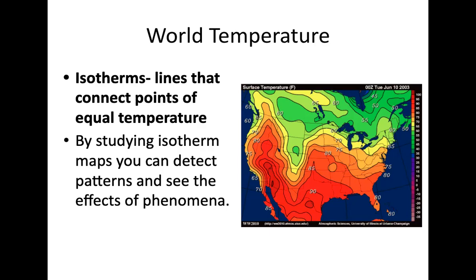By studying an actual isotherm map, you can detect patterns and see effects of the different phenomena. So this up here is showing us what? Surface temperature, okay?